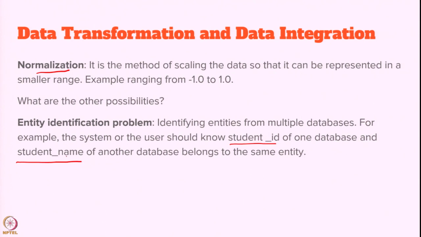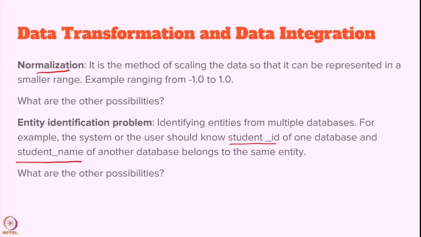Now the same student's name should come for the student ID. From these 2, how can we actually combine in such a way that it is consistent? So this problem is called entity identification problem. This comes at data integration. So is this the only problem we face in data integration? No, this is one of the problems we solve in data integration, but this is a dominant one.